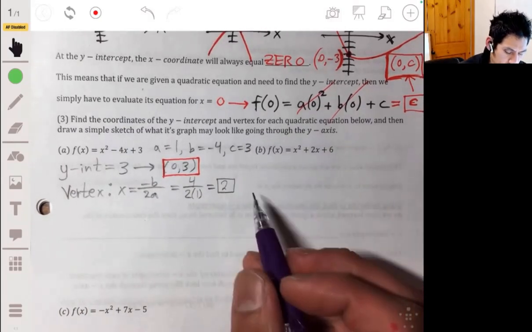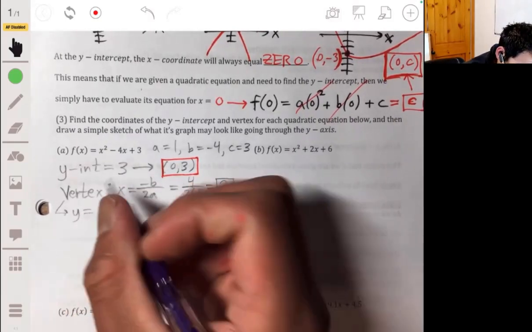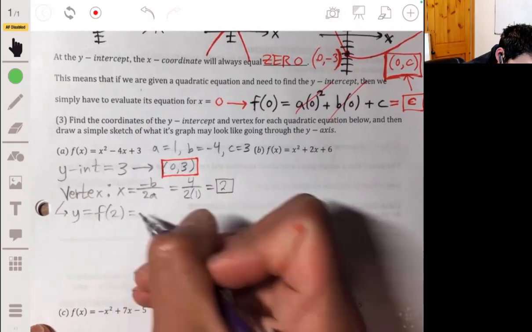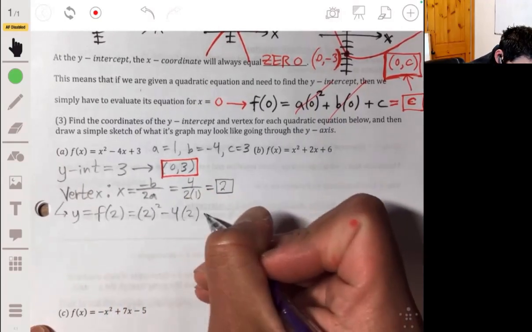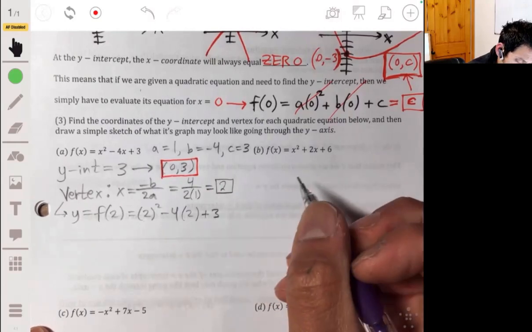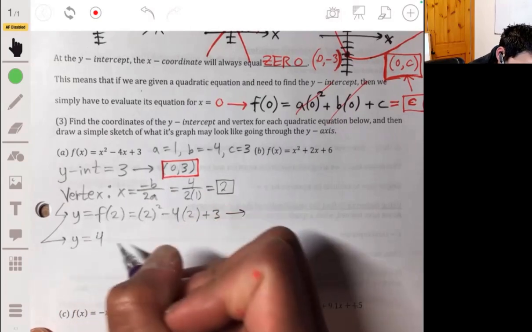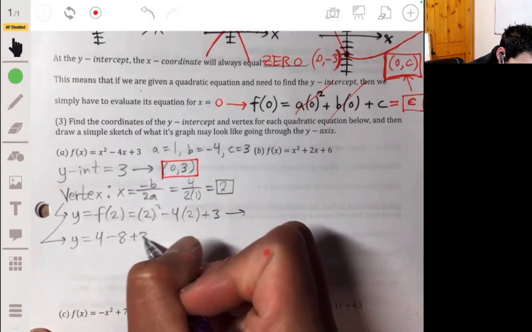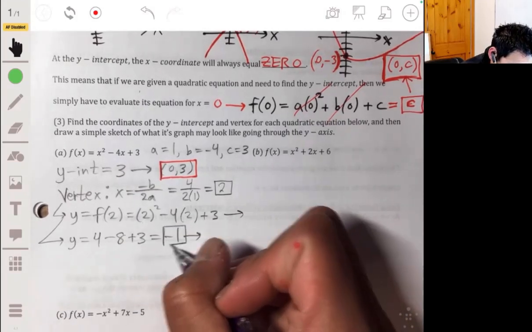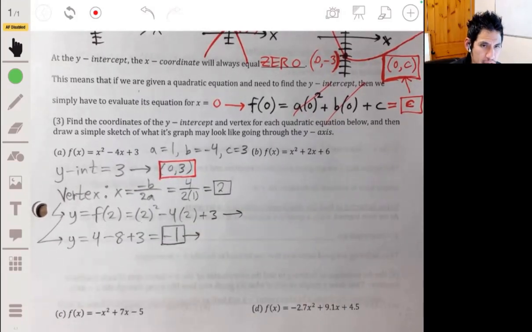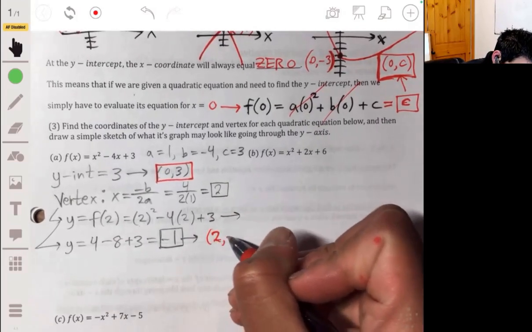We then evaluate this for 2. y will be equal to f of 2, which will be 2 squared minus 4 times 2 plus 3, which will be 4 minus 8 plus 3, which will be -1. Meaning that the vertex will be at (2, -1).